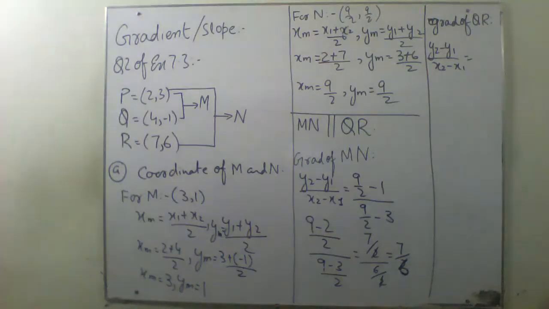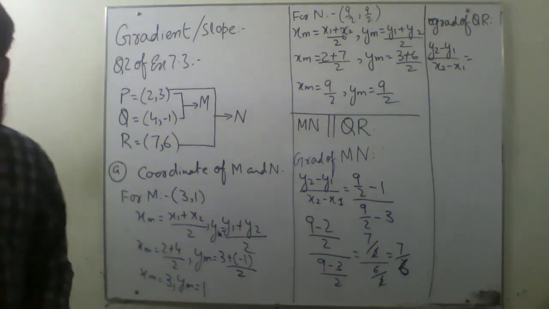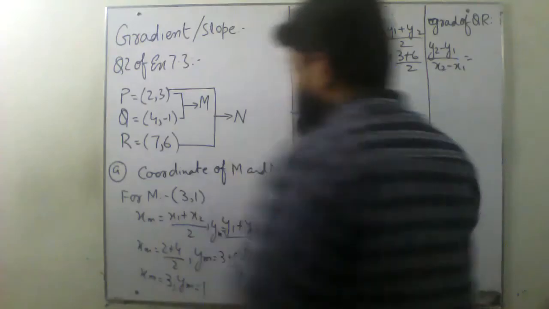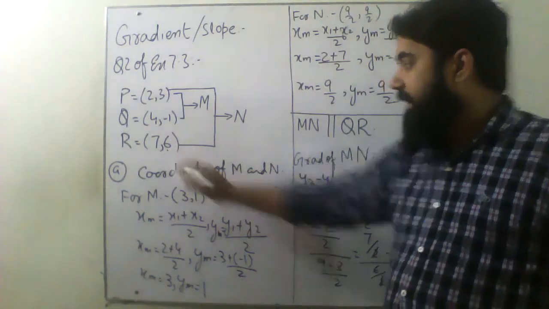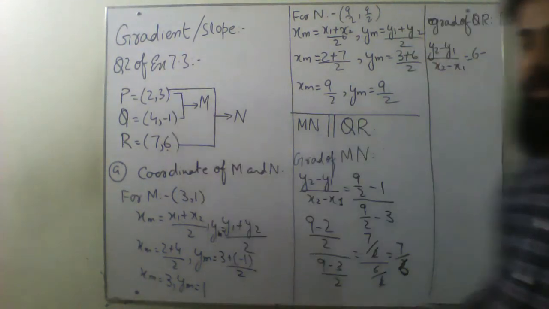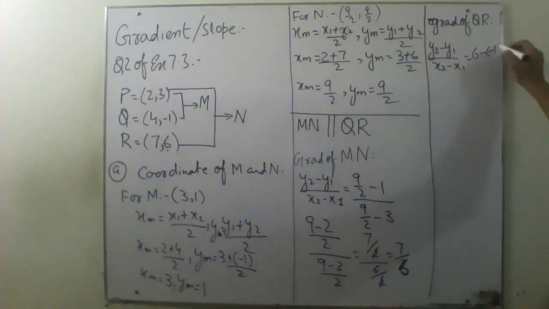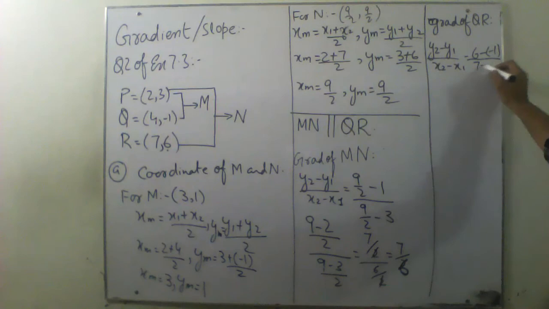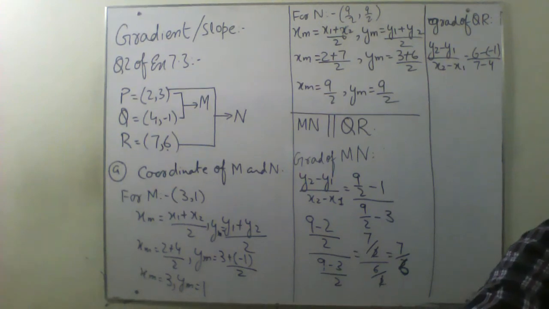For QR, it's your choice which one you want to take as x1, y1 and which as x2, y2. I'm taking this one as y2, 6, minus this one as y1, upon 7 minus 4.